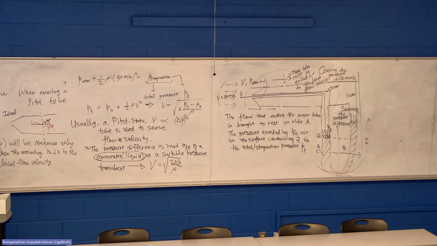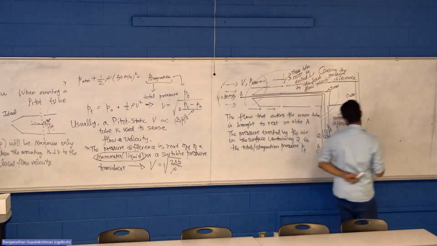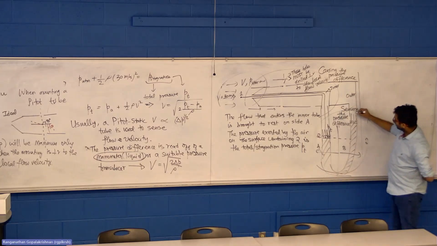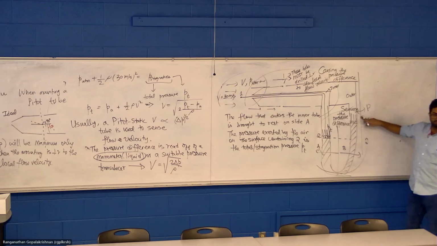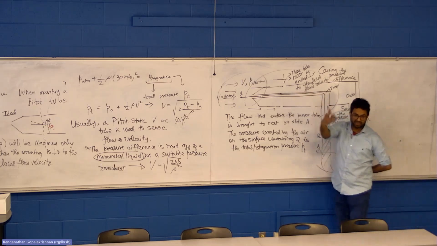All right. So now we are coming to the easy part, which is over this side it is PT, the total pressure. Over this side, what should this be? What exerts pressure at the other side of the liquid? Yes, static pressure.